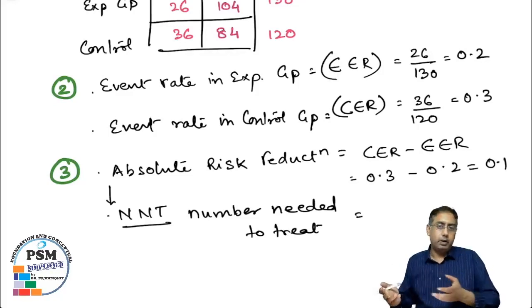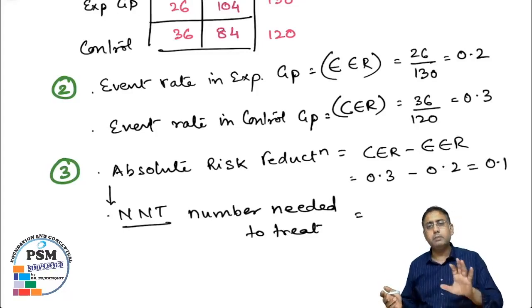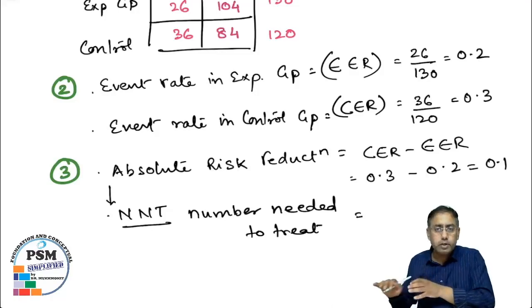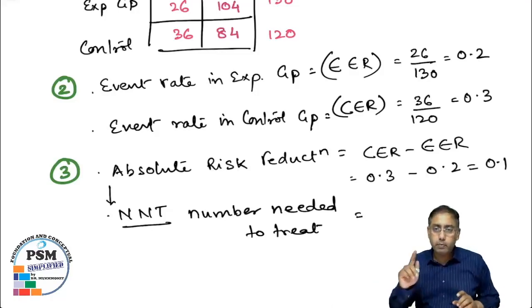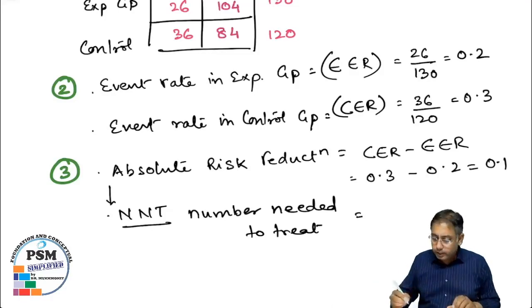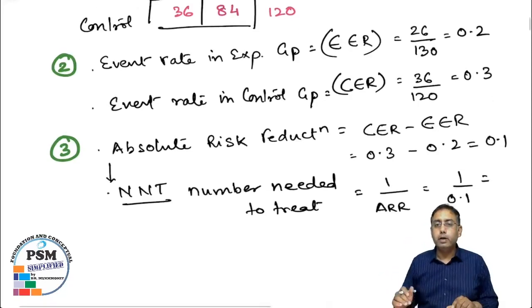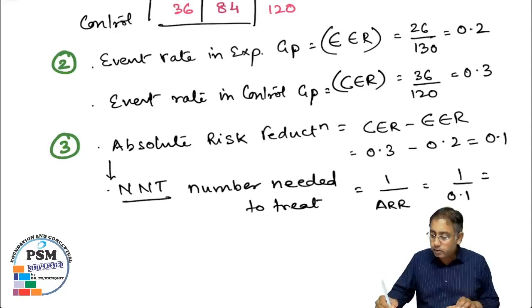But this MCQ was asking how many patients you need to treat to avert death, or decrease the death rate by 1. That means the number needed to treat, given by the formula 1 divided by the absolute risk reduction. That is 1 divided by 0.1, which is equal to 10.